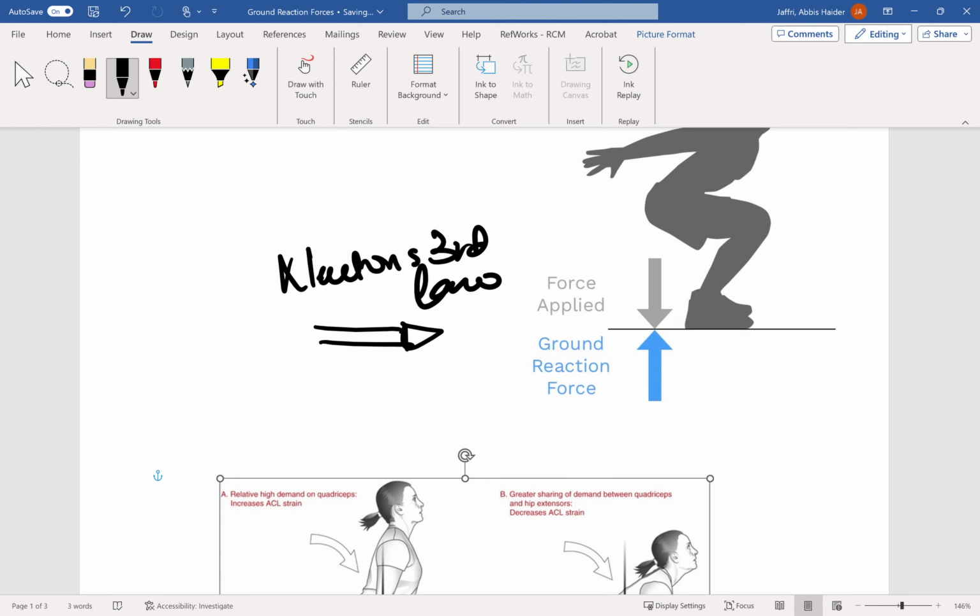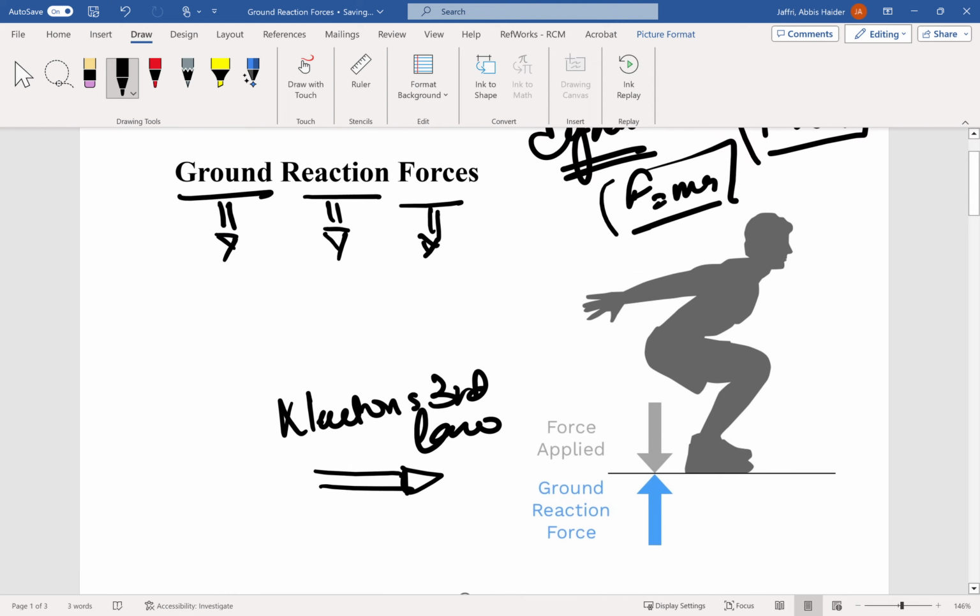If you are equally distributing the weight on both of your legs, then you have an equivalent amount of ground reaction force coming out of the ground with respect to your weight. This force can increase when you are about to jump, like this person. When he's about to jump, he's putting extra force on the ground, and the ground is emitting a ground reaction force of a higher magnitude.